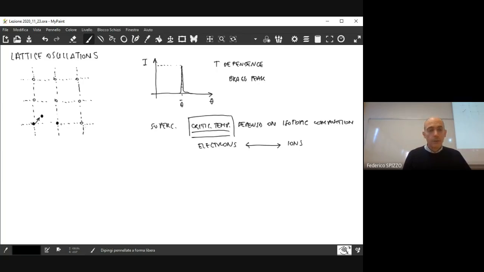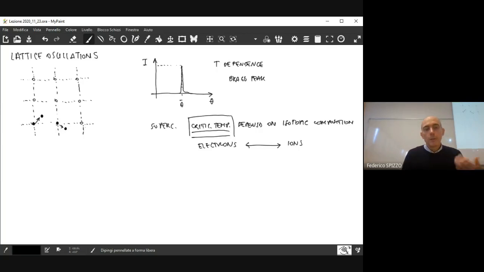So in the next lessons we will see what happens if the position of all the ions is allowed to change with respect to the equilibrium position represented by the Bravais lattice. We will do the calculation just for the three-dimensional system, where we have a three-dimensional lattice, and we let the ions move with respect to the equilibrium position.